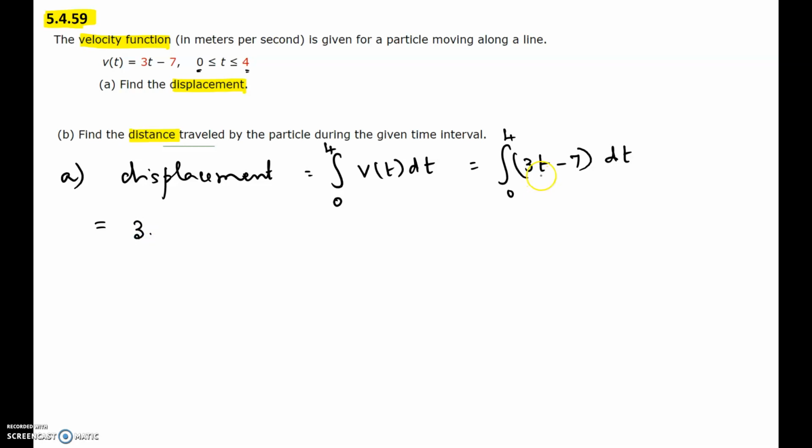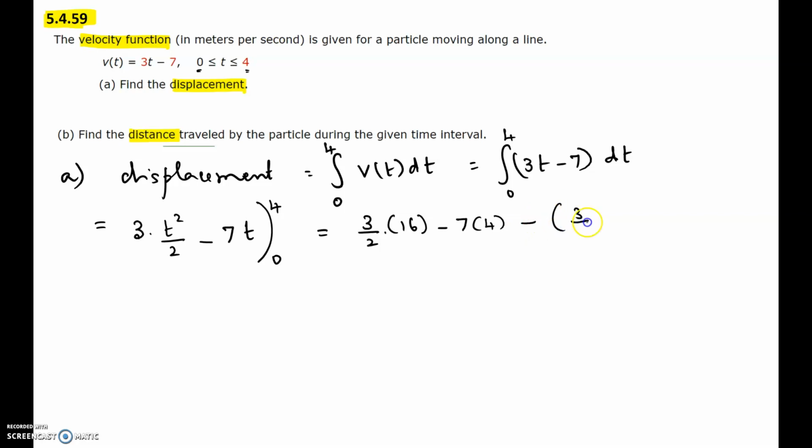It is 3 times the integral of t, which is t squared over 2, minus 7 times t, between the limits 0 and 4. So it is 3 halves t squared, which is 4 squared, 16, minus 7 times 4, minus the lower limit, 3 halves 0 squared minus 7 times 0, which is 0.